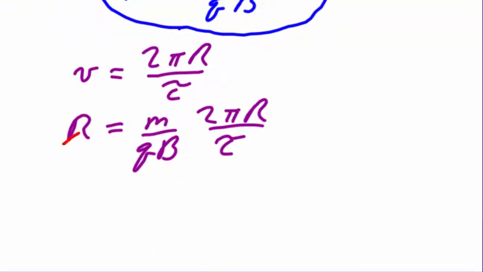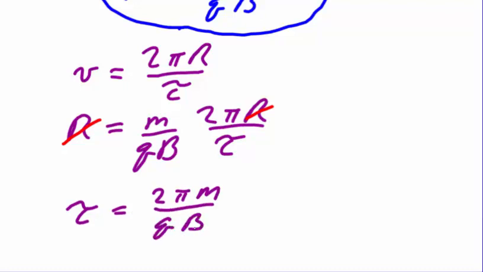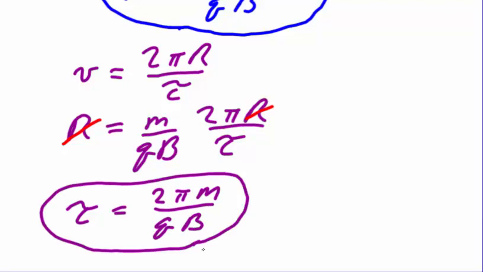One convenient cancellation later, and we'll be able to solve for the period of motion of particles in the cyclotron. And our result is 2 pi times their mass divided by their charge times the magnetic field. This is the result that we were asked for in part C, but for further discussion, we'll also find the frequency of particles moving in the cyclotron by taking 1 over the previous result.